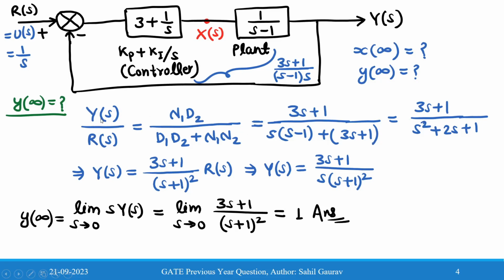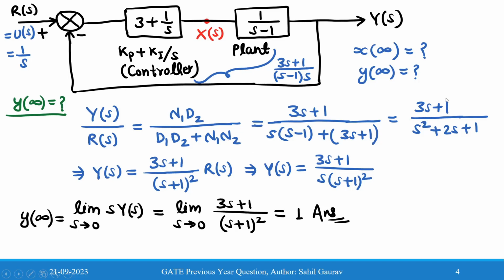Applying Y(s) divided by R(s) is equal to N1 D2 divided by D1 D2 plus N1 N2. N1 is here 3s plus 1, D2 is 1, D1 is s into (s minus 1), and N2 is 1.